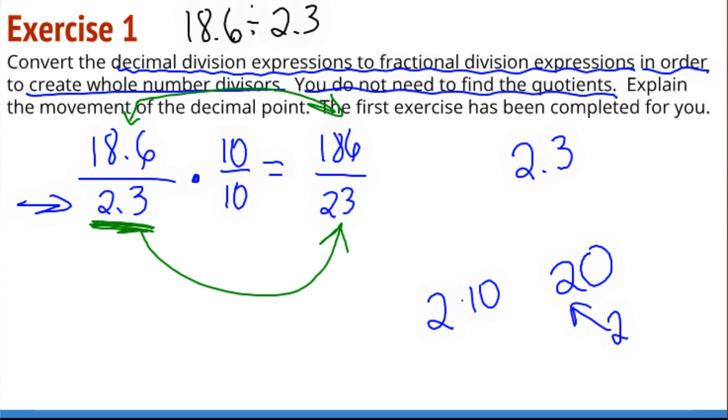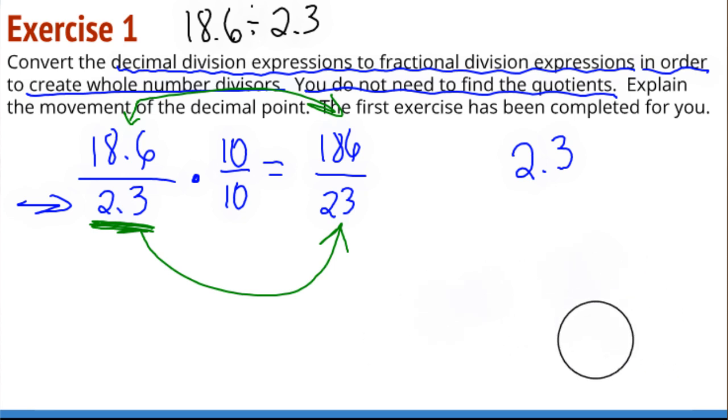One of the great things about the base 10 system: if I want to increase a value multiplying by 10, it just moves one place over. So my 3/10 here was multiplied times 10, so it has gone from the tenths place to the ones place. The 2 in the ones place has now moved into the tens place.